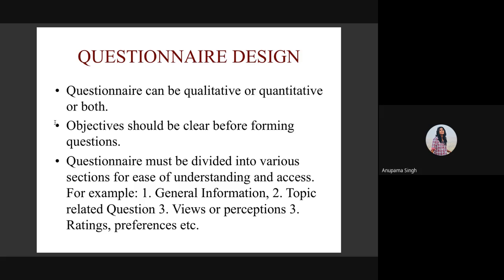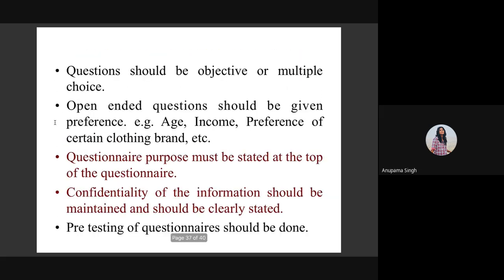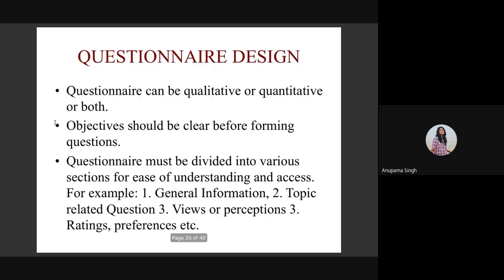Okay, so these are some of the properties that I have written for a questionnaire and that are very important. Whether you are doing any basic study or some big major study, your questionnaire should be formed in such a way that it gives more accurate results and it should be free of errors.